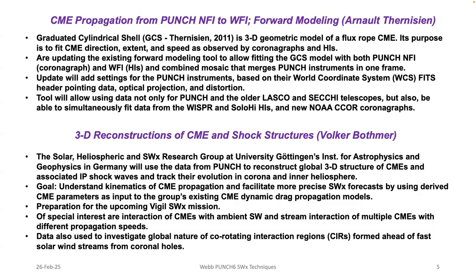The goal is primarily to understand the kinematics of CME propagation and facilitate more precise space weather forecasts by using the derived parameters in the group's existing CME dynamic drag and drag propagation models. And they're, of course, involved with the European Vigil mission, which would be at L5. They'll apply this work to that planning.